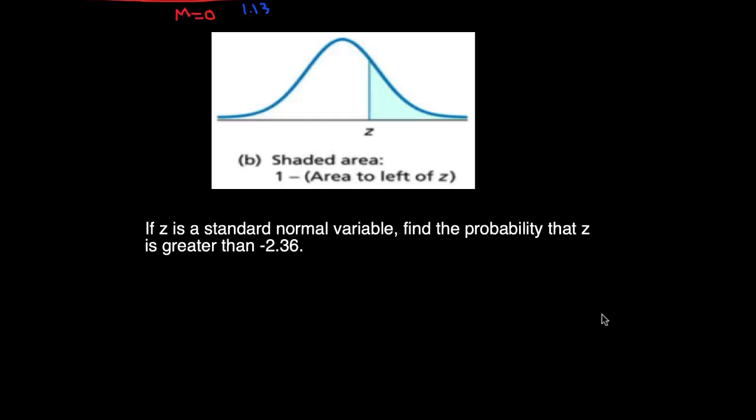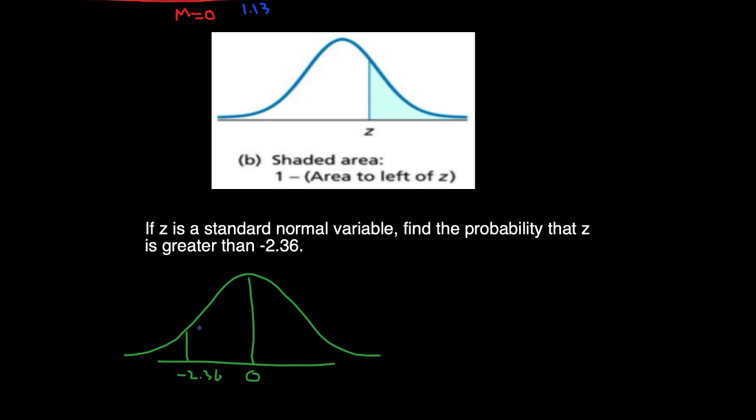Now consider the area to the right of z. If z is a standard normal variable, find the probability that z is greater than negative 2.36. Standard normal, mu equals 0, and negative 2.36. The probability is the area under the curve greater than negative 2.36.